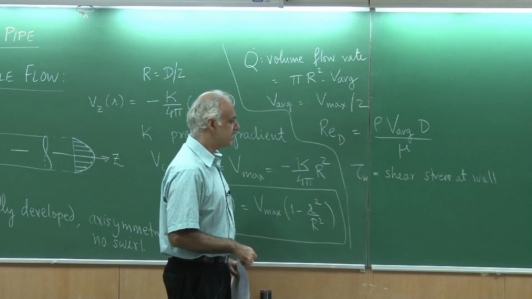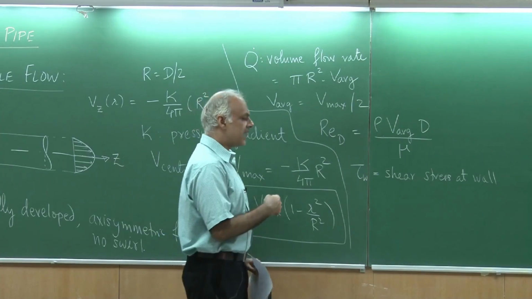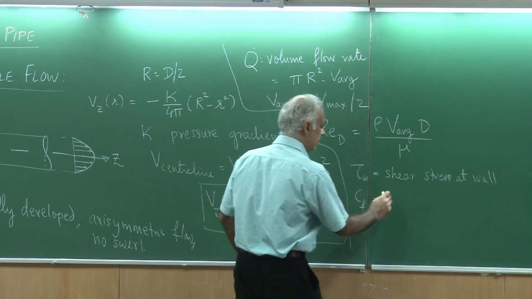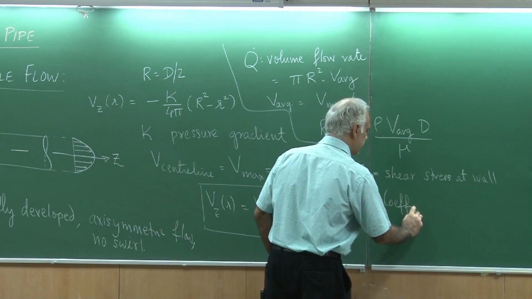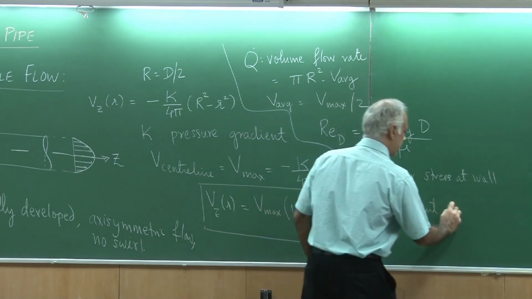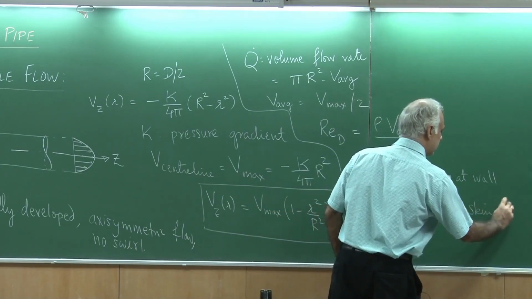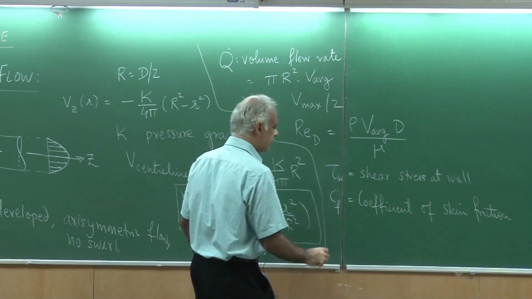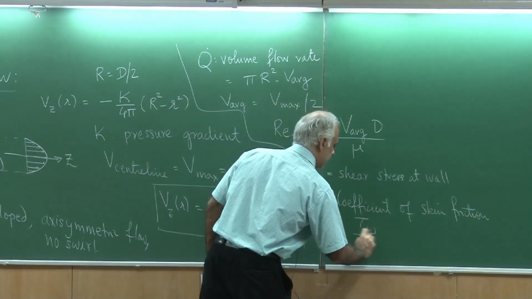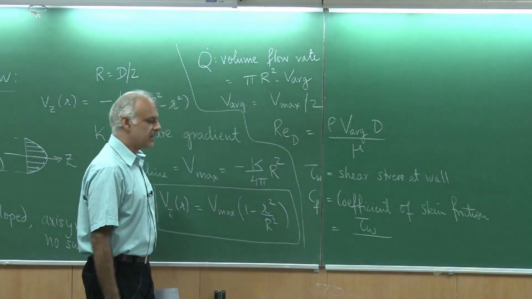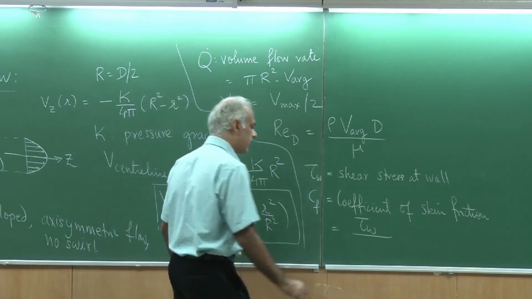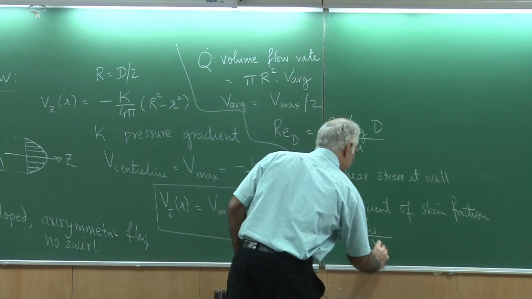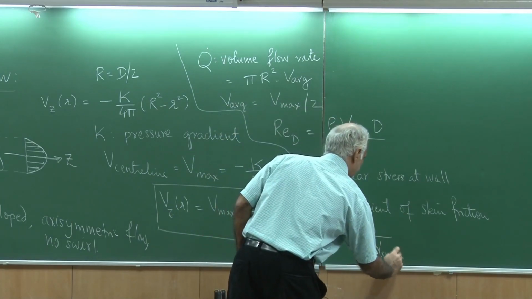We had discussed this in fair detail and we tried to non-dimensionalize it, and from that we were able to talk about Cf, which is the coefficient of skin friction, which actually was defined as the shear stress non-dimensionalized with some kind of a dynamic pressure, and we use that as rho times V average squared.